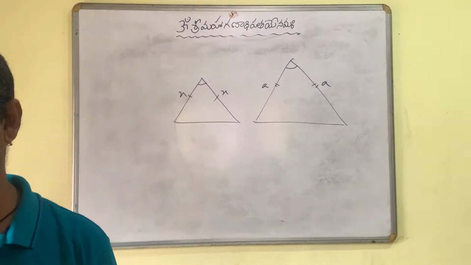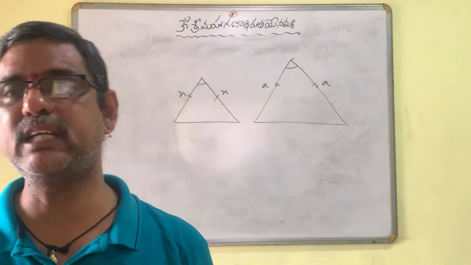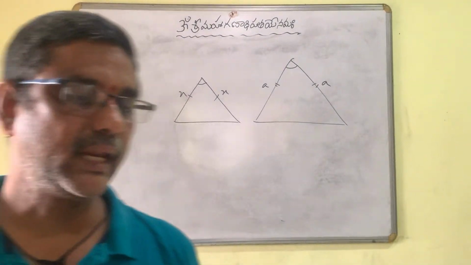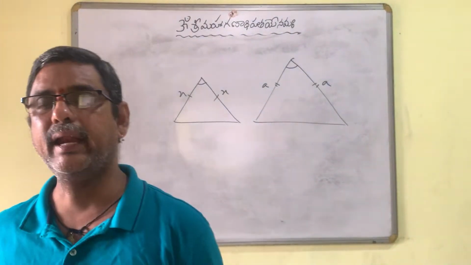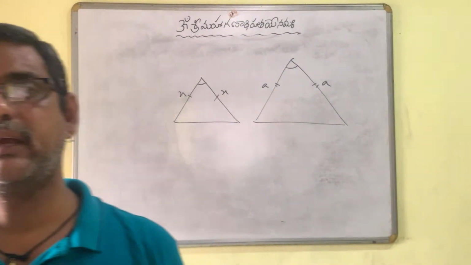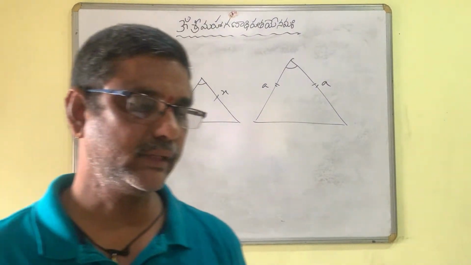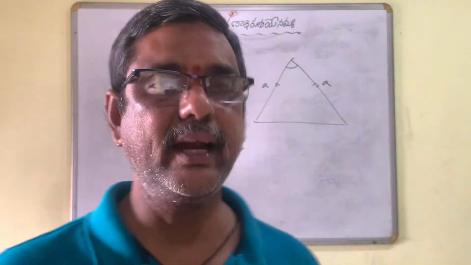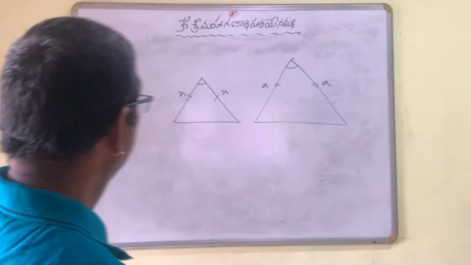But any two equilateral triangles, any two regular pentagons, any two regular polygons are always similar. So for the 17th question, the option is B, second and third only. Okay, children?